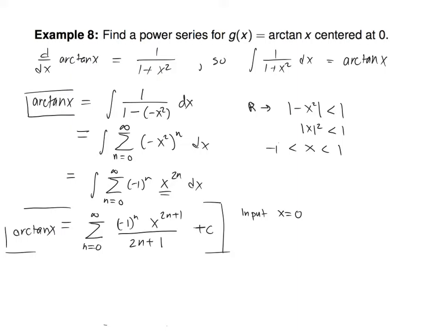When you plug in n equals 0, it'd be 0 to the first power, so it's all gone. So what you have then is arctan of 0 is equal to your c, which implies that c is actually just equal to 0, which will happen in some cases, but not all, okay?